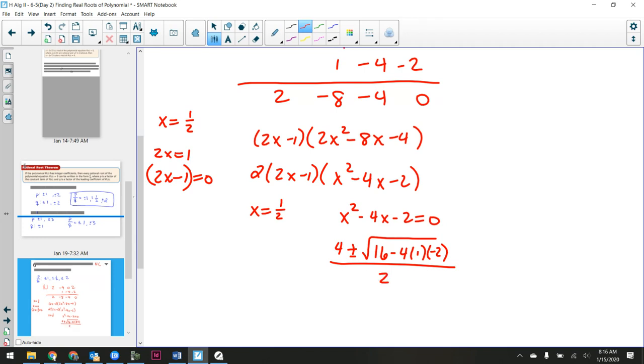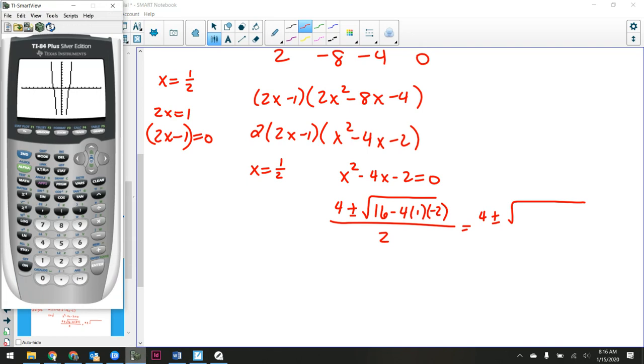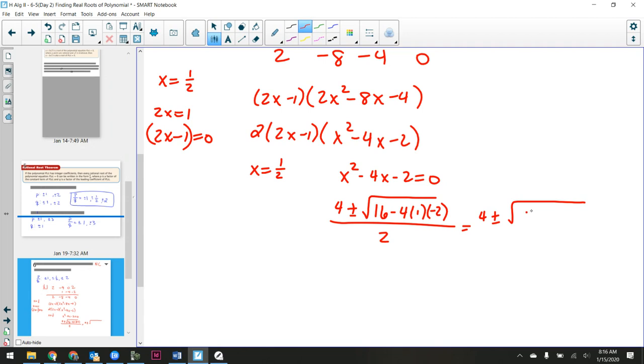You might want to remember it. So we've got 4 plus or minus the square root of, and then let's put everything inside: 16 minus 4 times negative 2. That gives me 24 inside the radical.